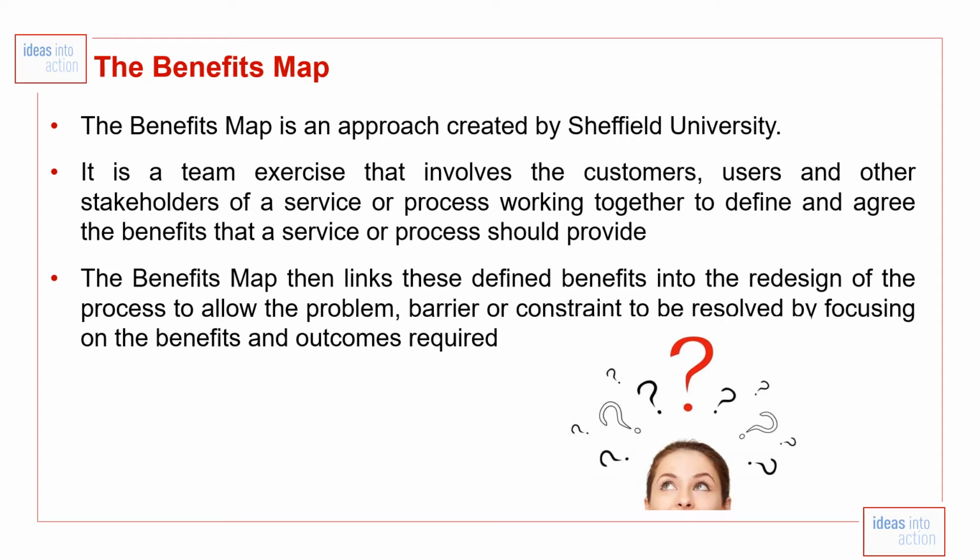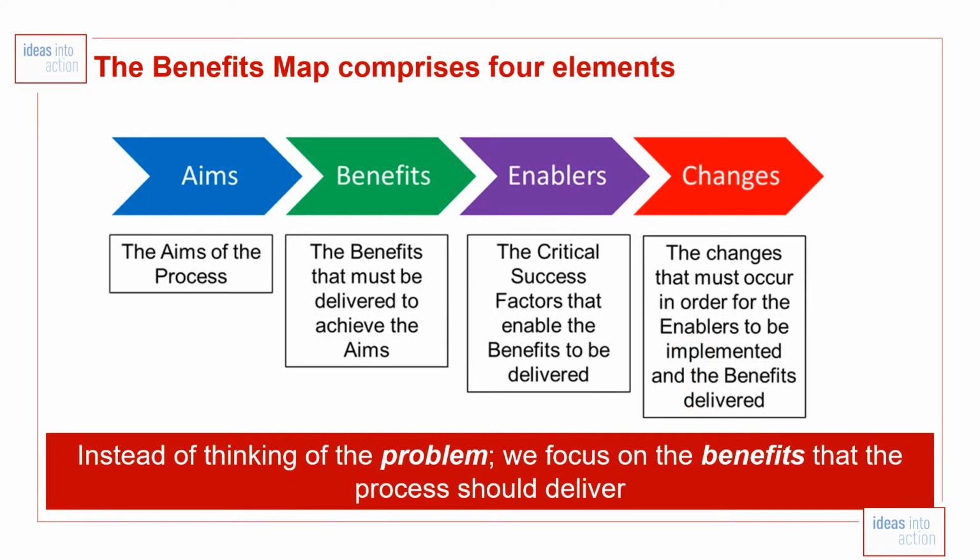The benefits map then links these defined benefits into the redesign of the process to allow the problem, barrier, or constraint to be resolved by focusing on the benefits and the outcomes required. The benefits map connects the aims of a service or process to the benefits it must deliver and then identifies the enablers and the changes that need to be put in place in order to deliver those benefits.